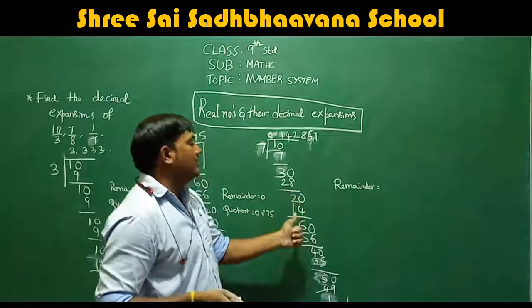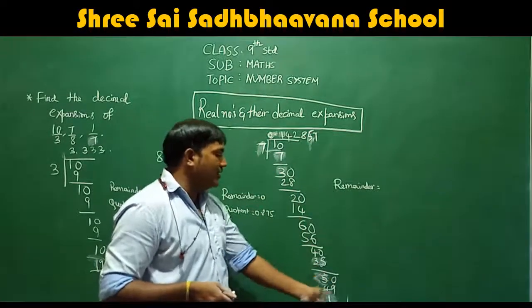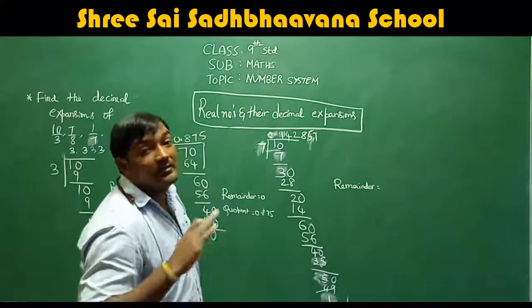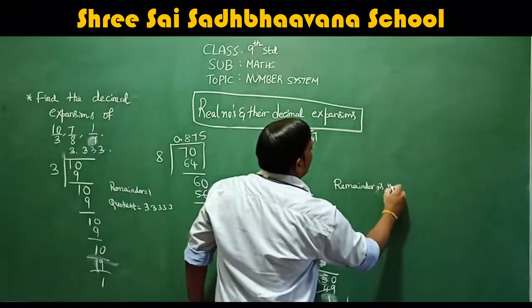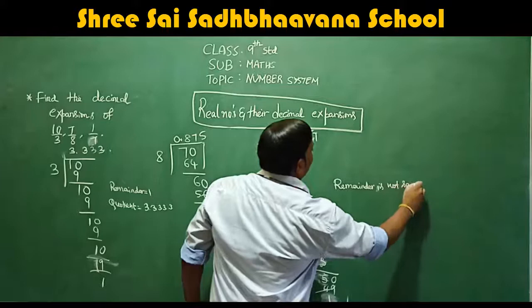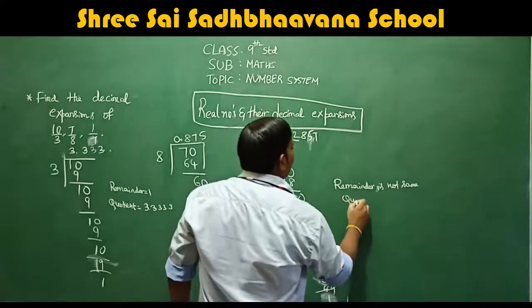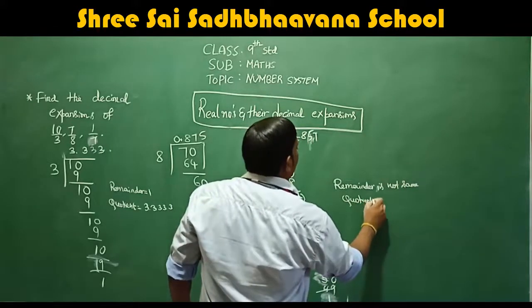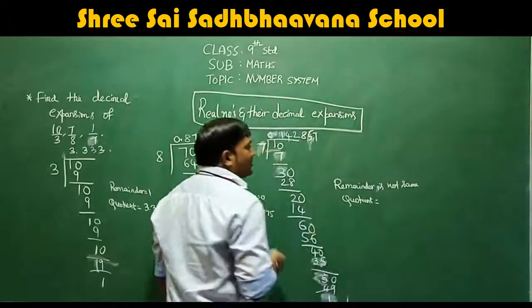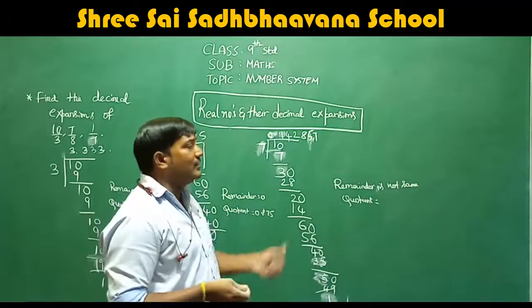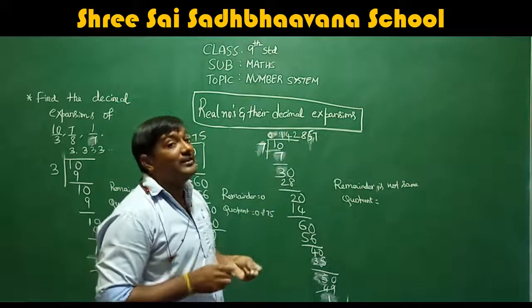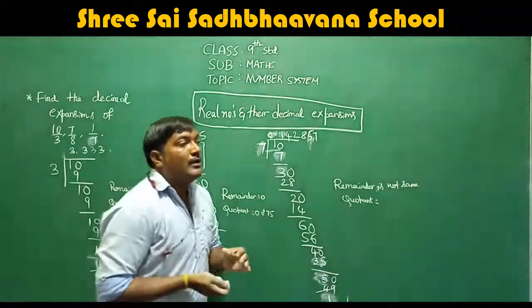So here 3, here 6, here 5, here 1. So even the remainder is not the same. So you can write remainder is not same. And the quotient also is not exactly getting stopped. Some number is repeating, and the division is not getting stopped.